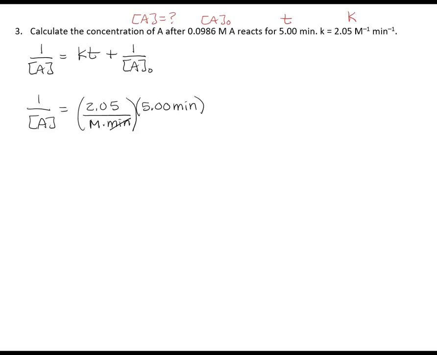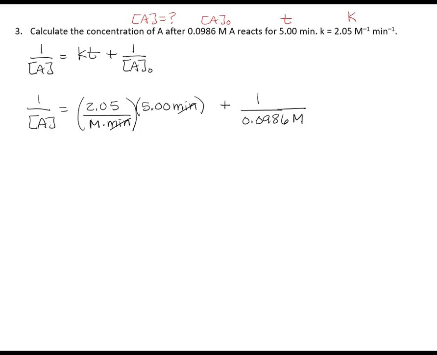Our time units will cancel, and with this quantity, KT, we're left with inverse molarity, and that is what we need because our 1 over A naught will also have inverse molarity. That part will be 1 over 0.0986 molar.